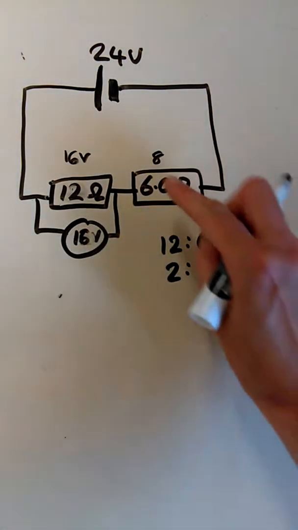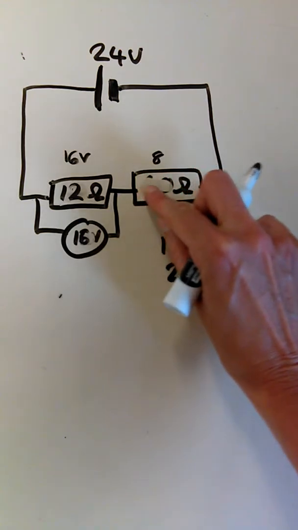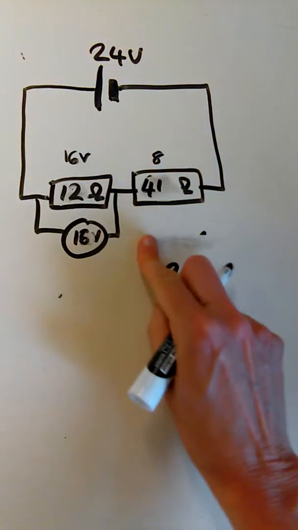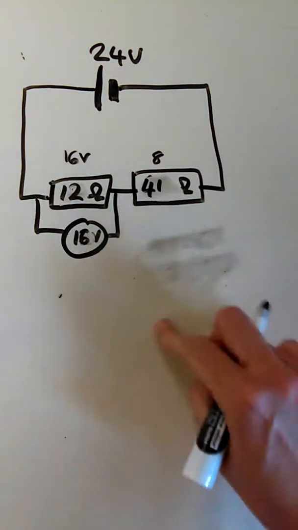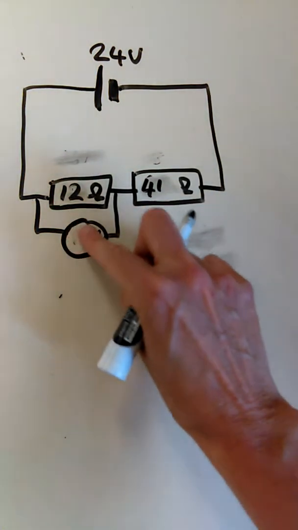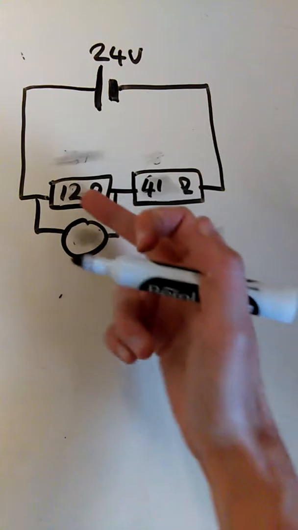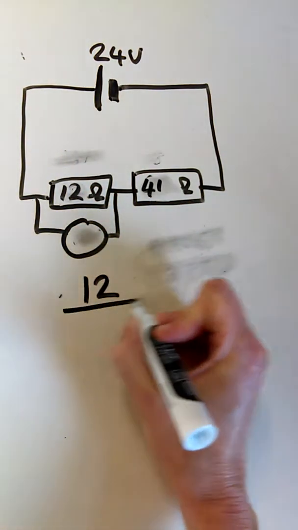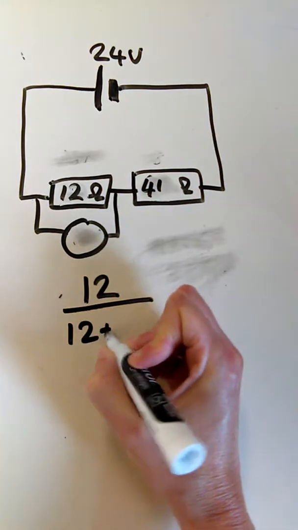It could be that they give you less easy numbers. So let's say that that one's 12 and that one's 41. What you do then, the calculation you do to work out what the potential difference is over the 12, is you would do 12 divided by 12 plus 41.